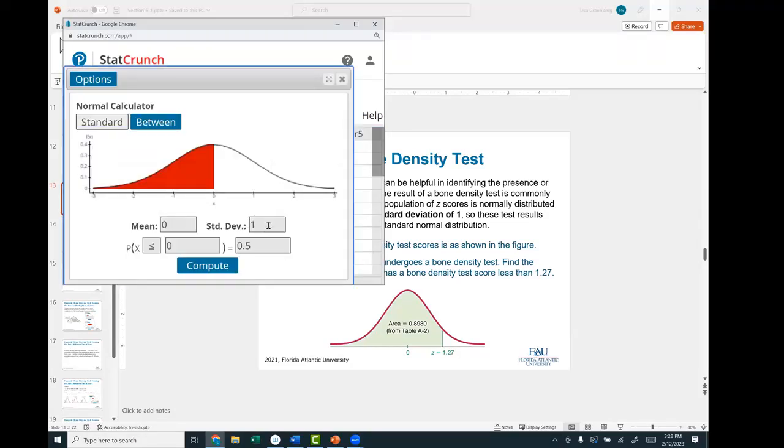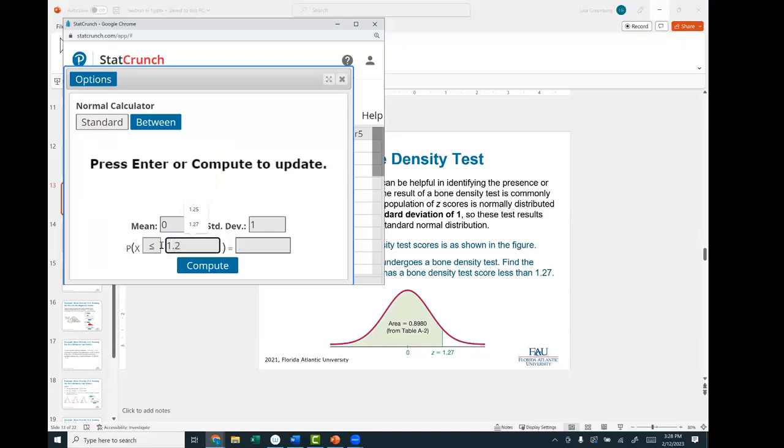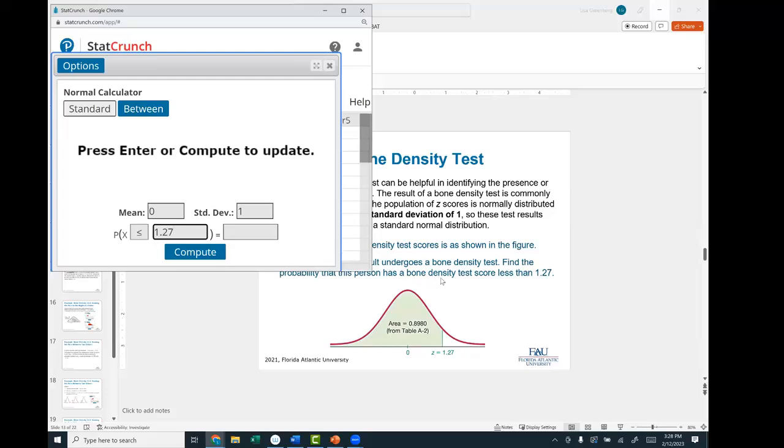My mean is 0 and my standard deviation is 1, which is perfect. And this is basically where I put my z-score. So I want 1.27, less than or equal, because it says right here, probability that this person has a bone density score less than 1.27.